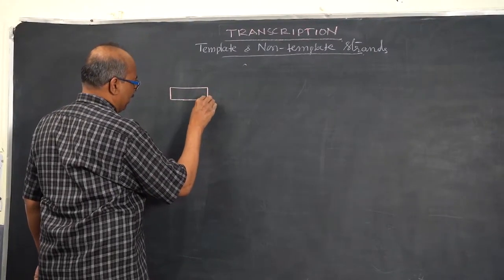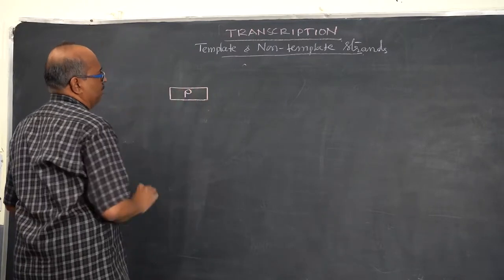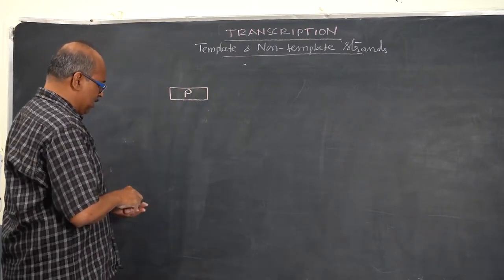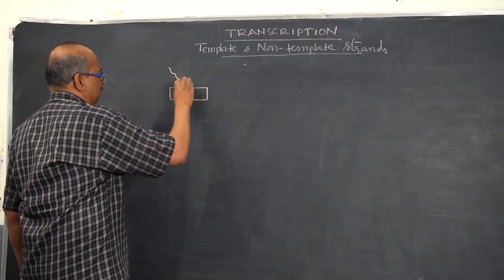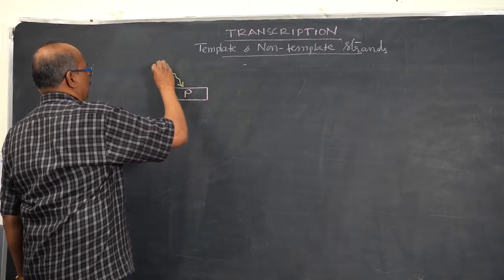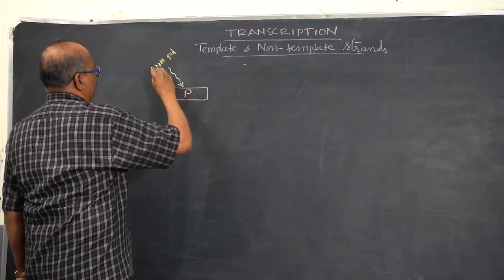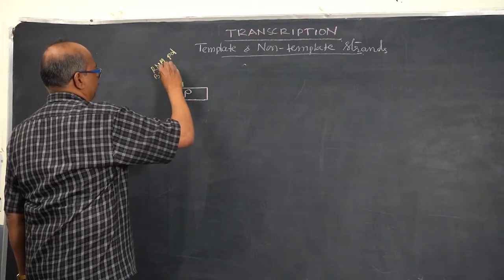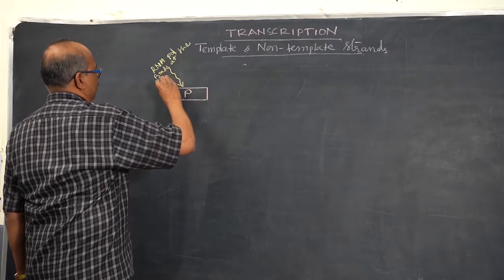I'm not drawing any sequence here, but I'm indicating that this is the promoter and this is the place where RNA polymerase binds at the time of initiation.